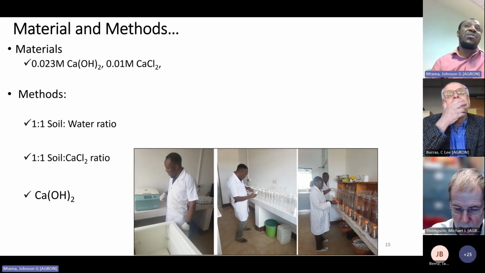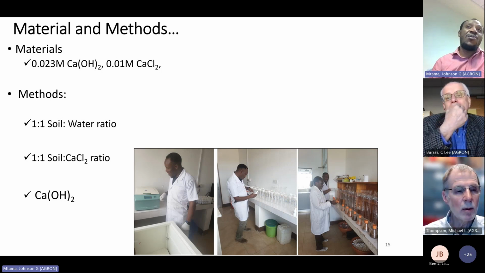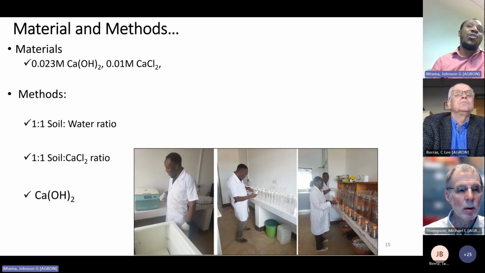amelioration programs. Then I determined the soil pH by adding calcium hydroxide to the solution of soil calcium chloride at the ratio of 1 to 1.